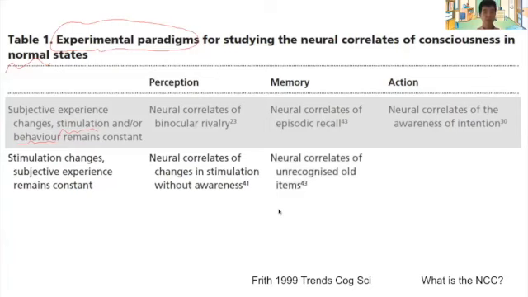And also in terms of memory, neural correlates of unrecognized old items. Here you present different kinds of stimuli. The stimulus itself changes, but sometimes you see things that you saw before and say, no, I have never seen it, or the other way around. That corresponds to, or is highly related to, the situation of false alarm or miss in the signal detection task that I discussed a couple of weeks ago.